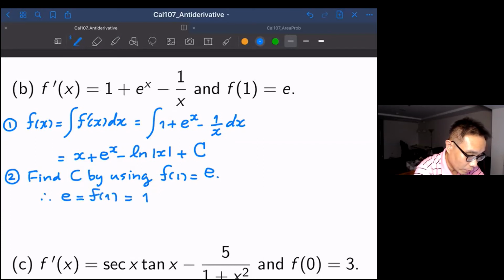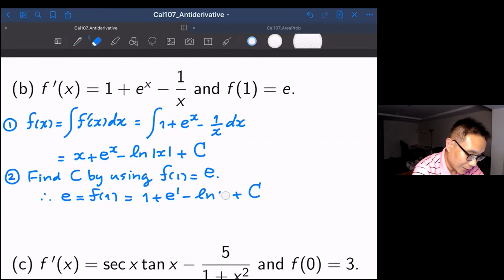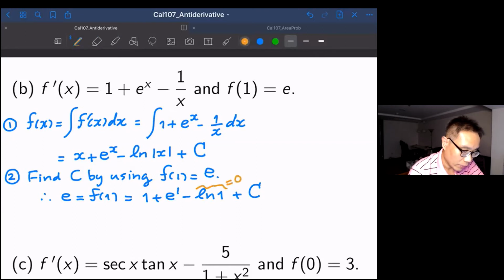So you just have 1 plus e to the first minus log 1 plus c. And log 1 equal to 0. So in this case, e and e on the other side cancel each other. So you get c equal to negative 1.